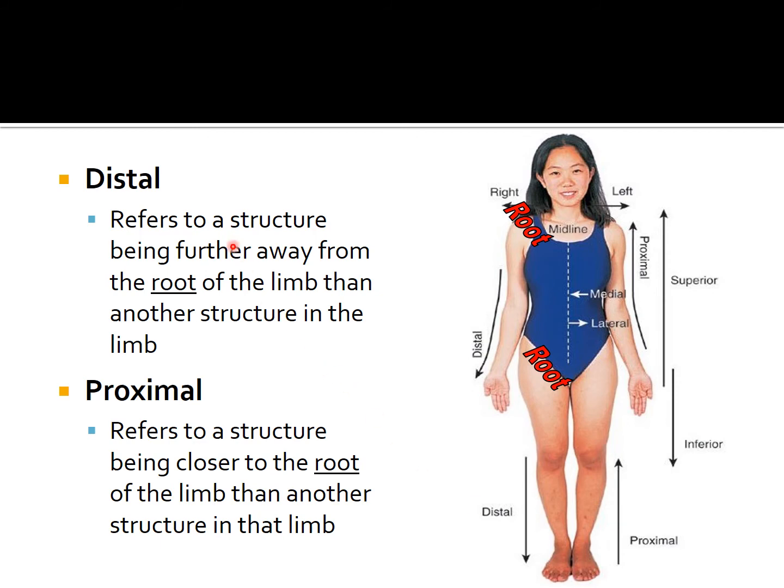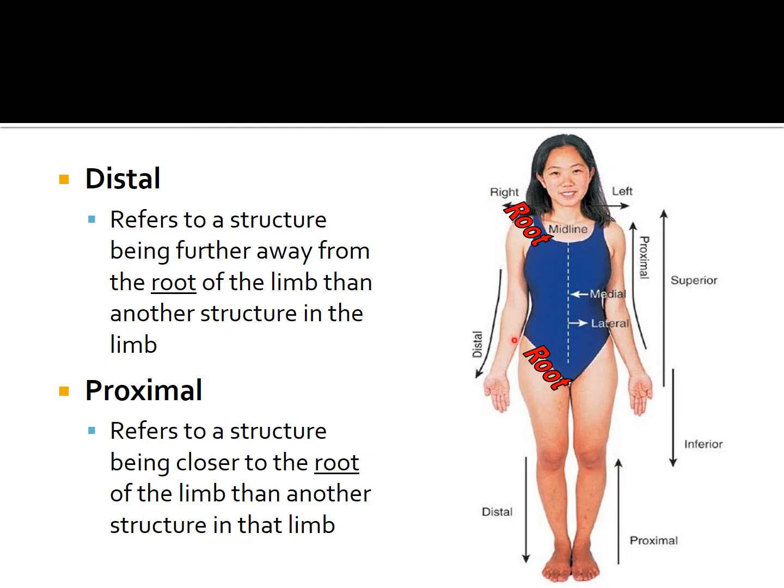The next one, proximal and distal. This is especially with regard to the limbs. We have four limbs, two upper limbs and two lower limbs. Proximal means the one which is closer to the body. This is called the root of the limbs. The part of the body which is closer to the root of the limb is referred to as proximal.